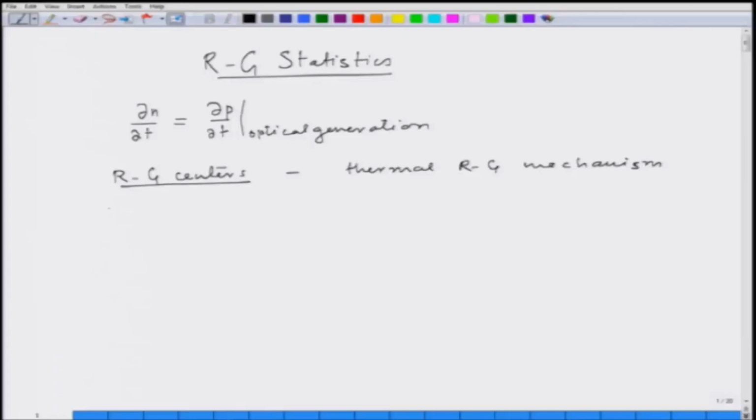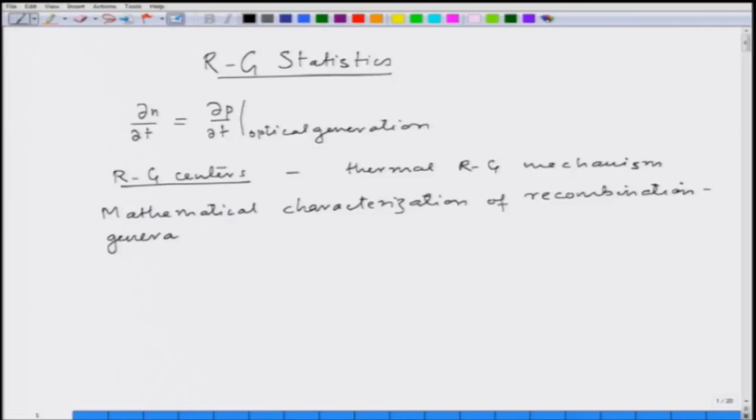So, basically what we are looking at is the mathematical characterization of the recombination generation process that is via RG centers, which we have discussed in the earlier lectures.